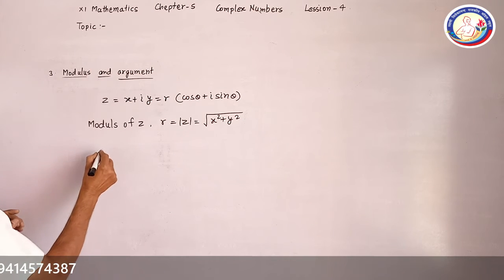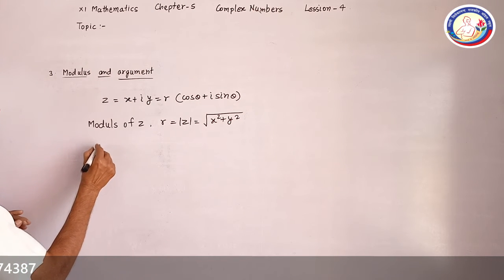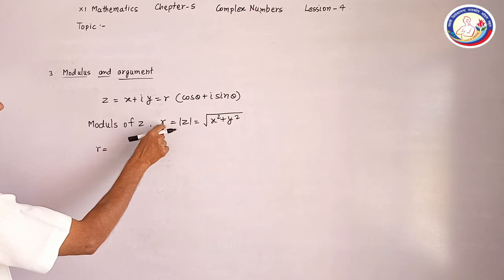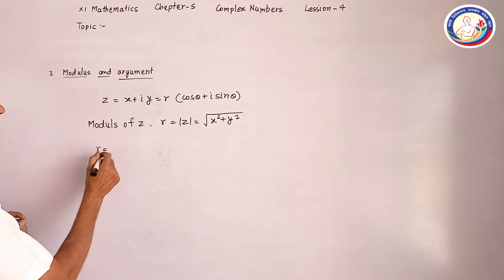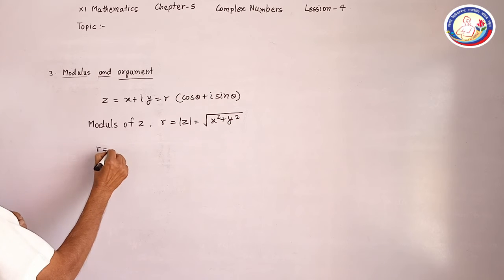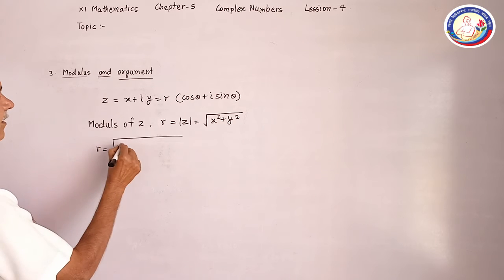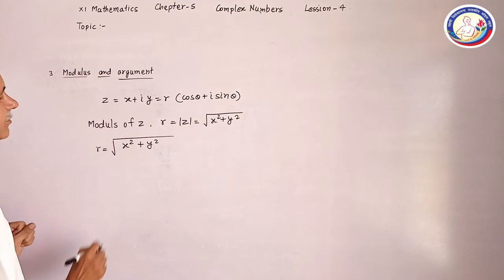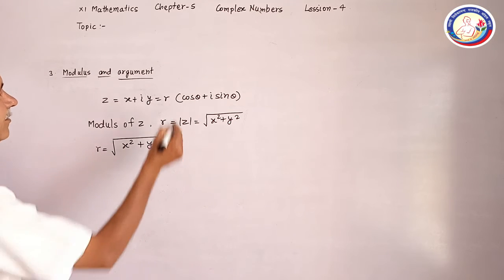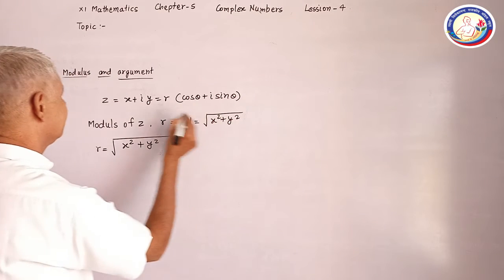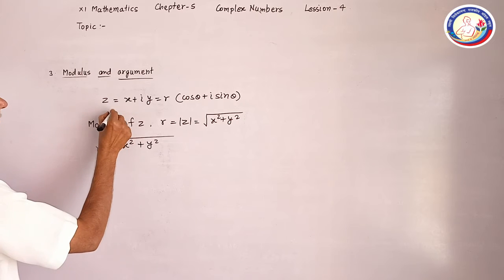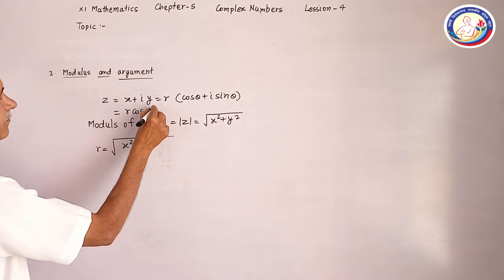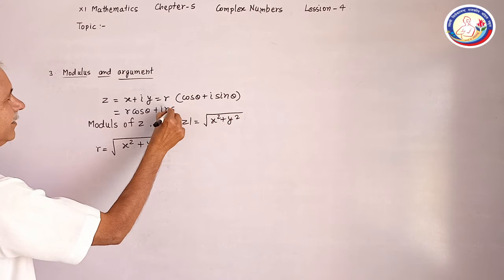What is the value of r here? r will be the modulus of z, r will be the square root of x square plus y square. Put here the values of x and y. Now if we compare this, here I can write it r cos theta plus iota r sin theta.